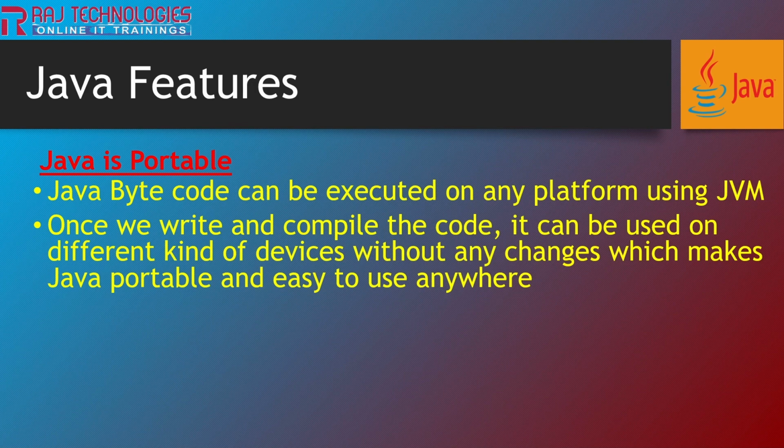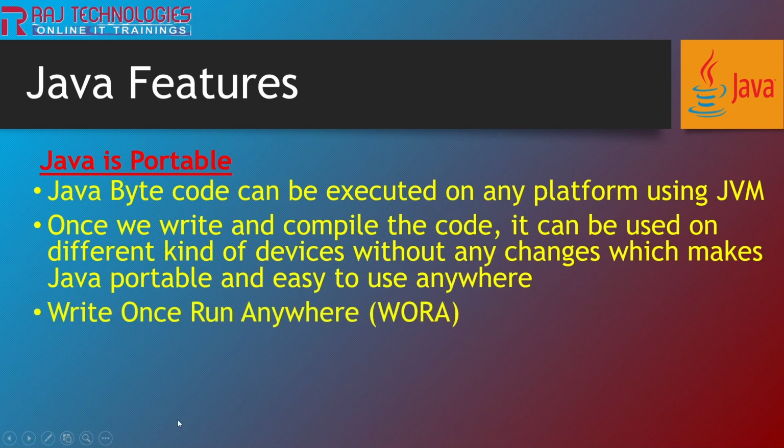So that makes Java portable and easy to use anywhere. That's the reason we say Java is write once, run anywhere. Write the program on one machine, you can run it on any other machine, which we call WORA. Write once, run anywhere.